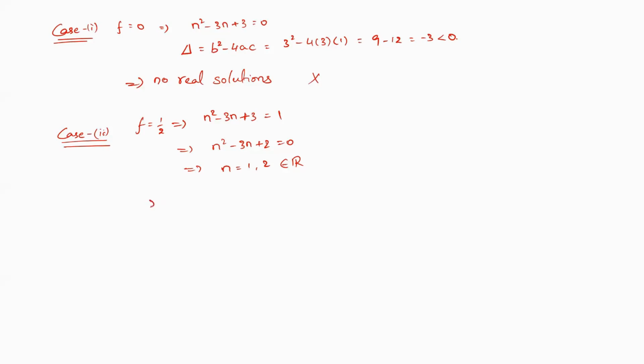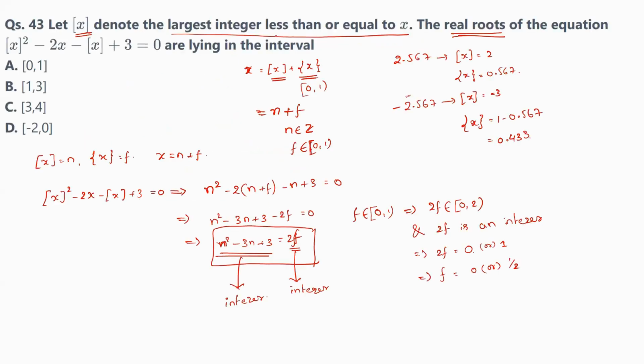So x is equal to n plus f, that is 1 plus 1 by 2 or 2 plus 1 by 2, that is 3 by 2 or 1.5, and 2.5. In the given intervals, both are contained in only this interval. That is your solution.